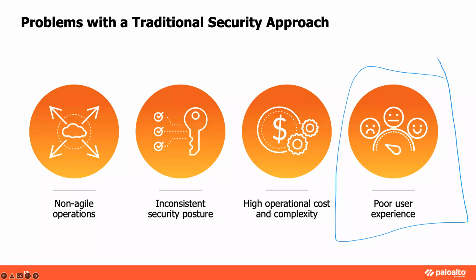And what happens when a user has poor experience? They can't get out to the internet, they can't get to this site, they can't get to that site, everything's slow. Well, they figure out a way to circumvent and go around the security solution that you have provided for them.